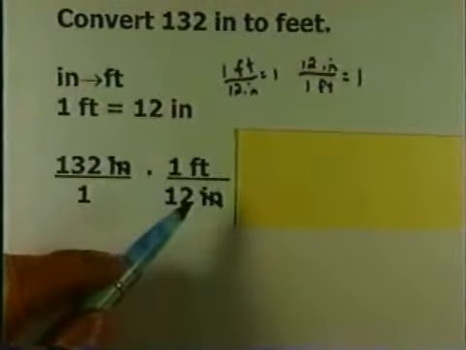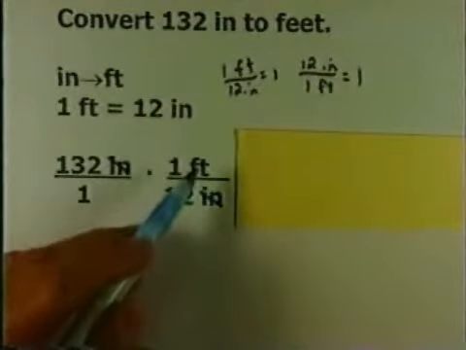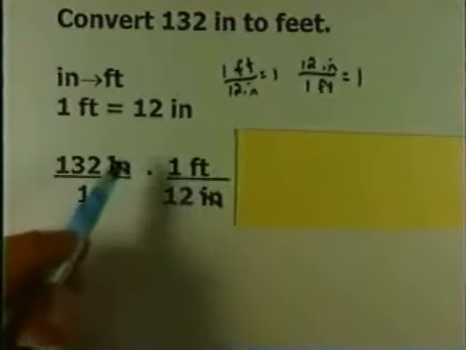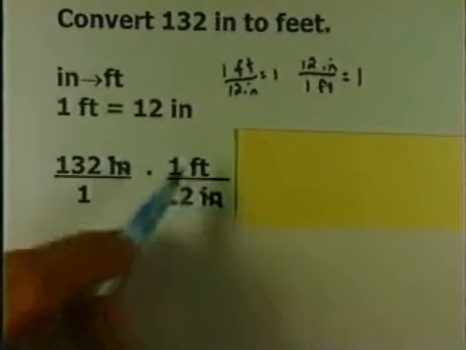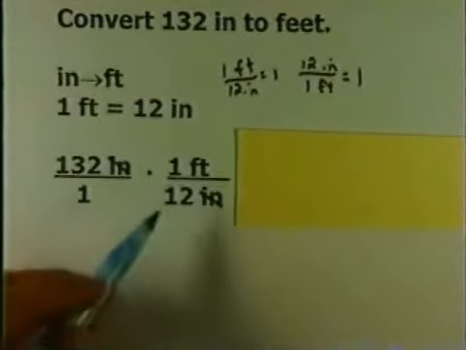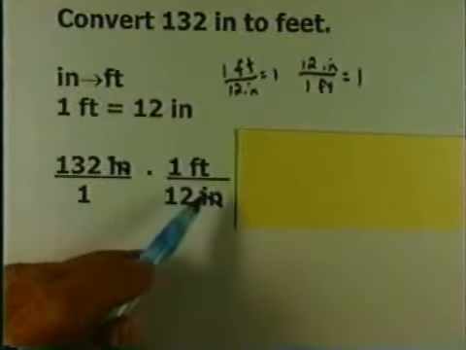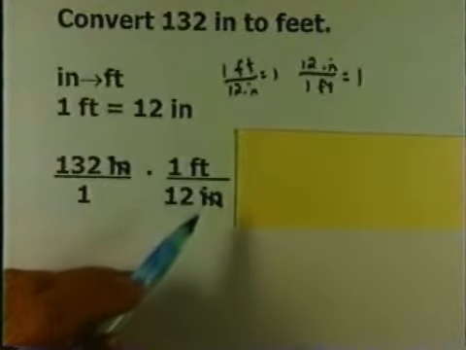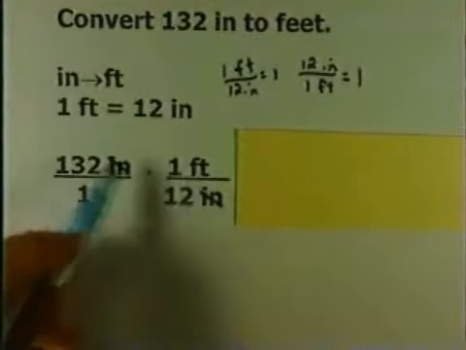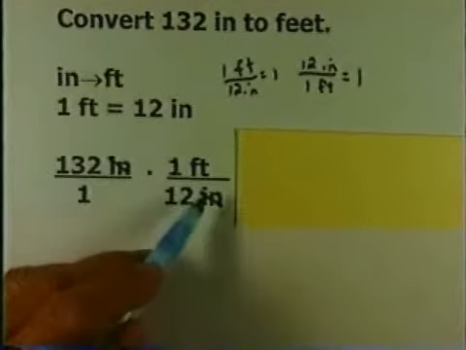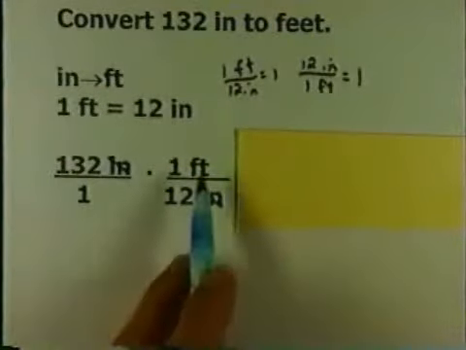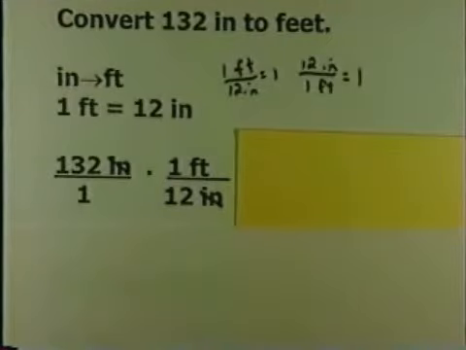That's not what I'm after. I want inches to cancel, so I'm left with feet. So with unit analysis, if you set it down the wrong way, you'll automatically know. The unit you're trying to get rid of would not cancel. So make sure that you cancel the one you don't want and be left with the one that you desire.